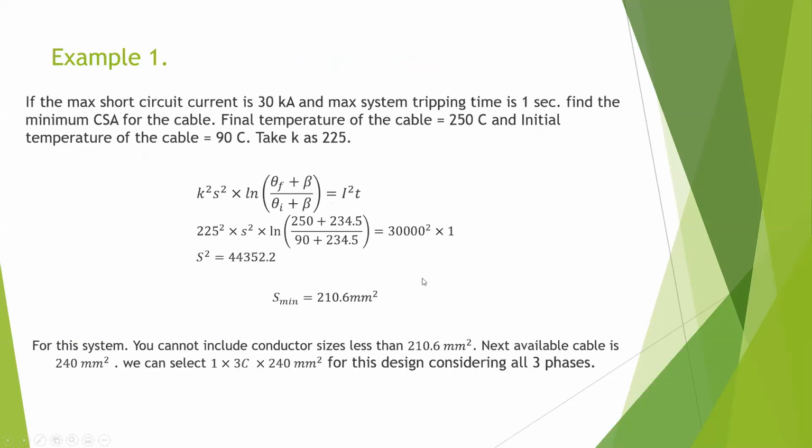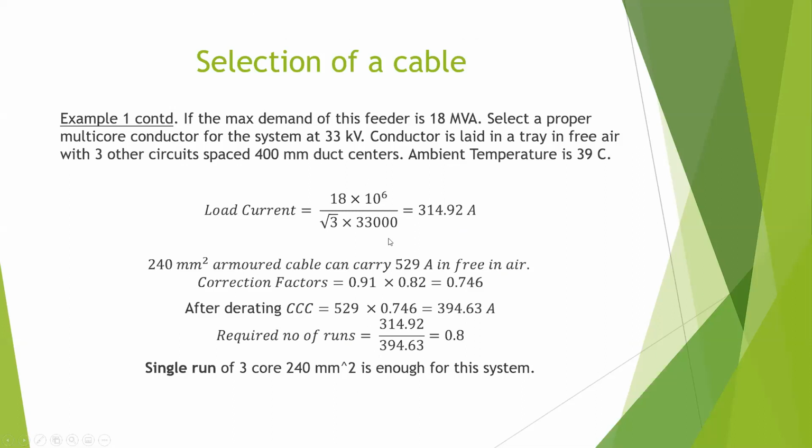After finding the minimum cross-section area, we are going to select the cable, and in here you have the forecasted demand. The max demand of this feeder is going to be 18 MVA, and we are going to select a proper multi-core conductor for this system at 33 kV.